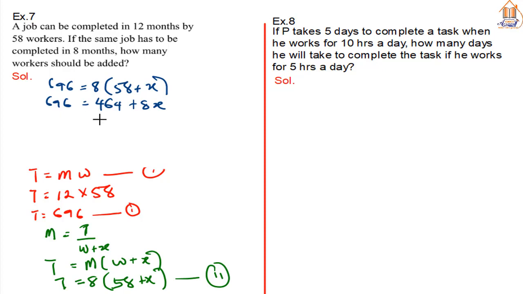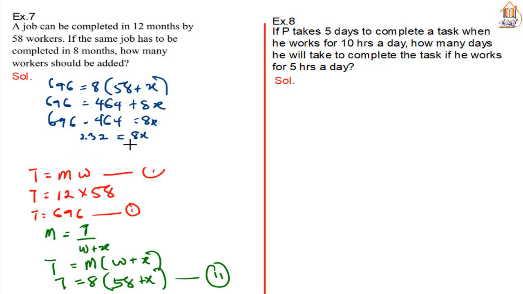We have 696 minus 464, which will give us our 8x. So 696 minus 464 is going to give us 232. So we have 232 is equal to 8x.